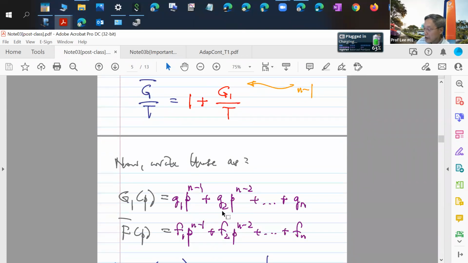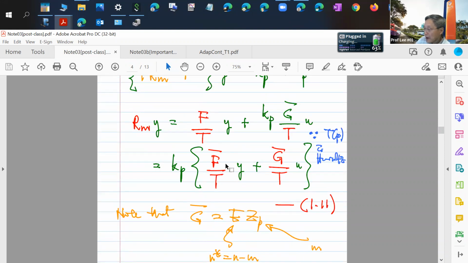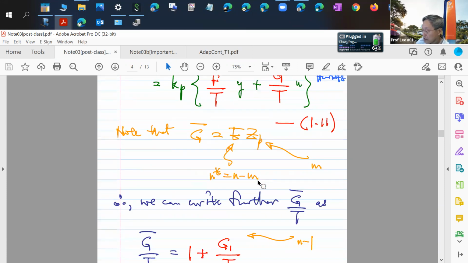So we go on further. We say, okay, now let's rewrite it out. G1 is of degree n minus 1, not necessarily monic. I can write the F bar down here because I take the original F, which is of degree n minus 1, not necessarily monic, and with that I pull up a KP, so I get n bar, which again is of degree n minus 1, not necessarily monic, right?